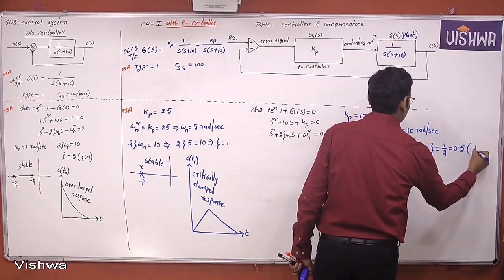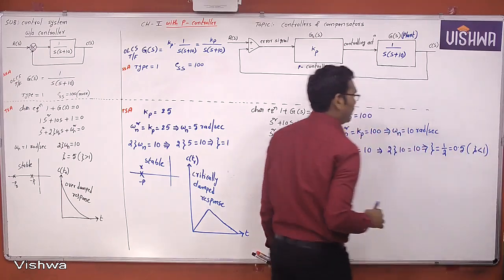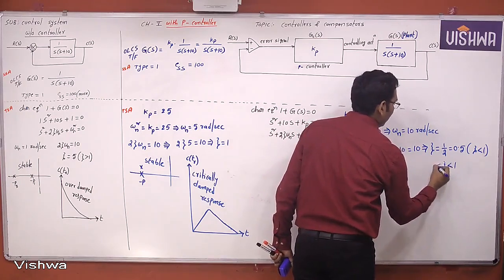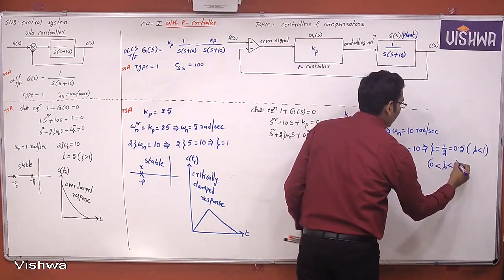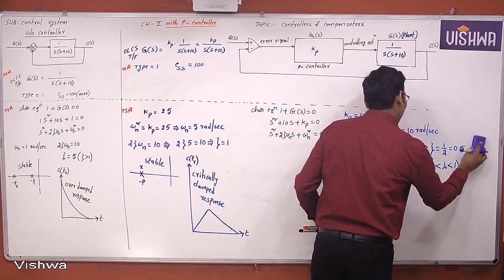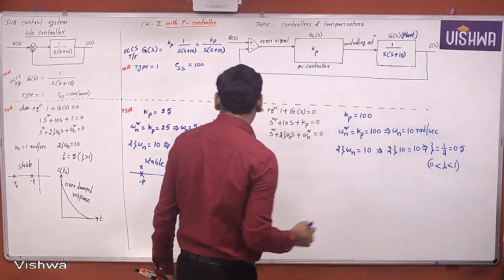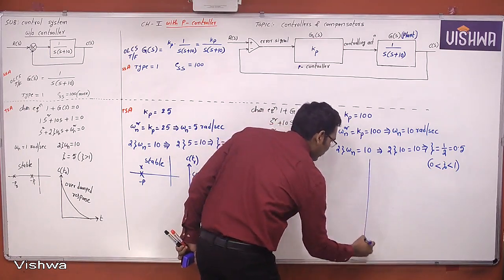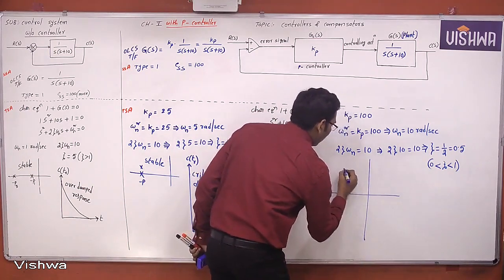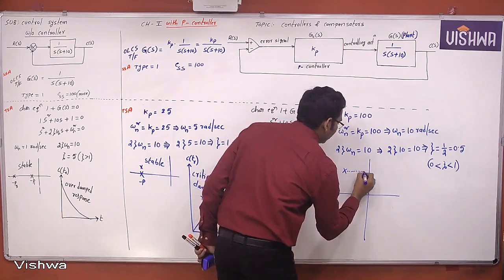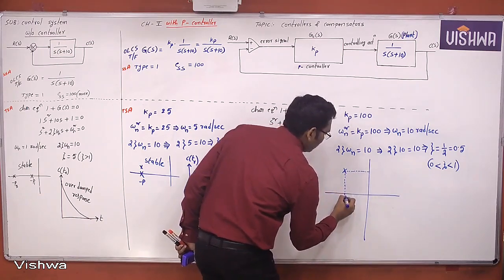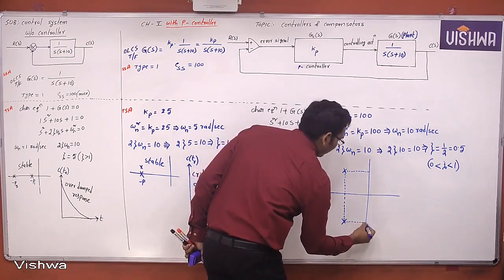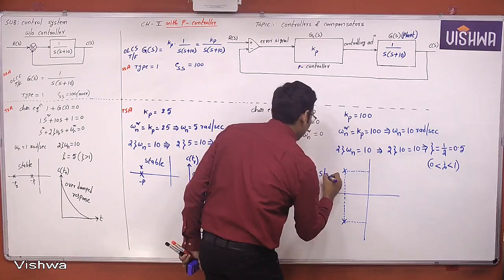Now, when zeta is 0.5, which means zeta is less than 1 and greater than 0, these are the poles location. The poles are complex conjugate and on the left hand side of the s-plane. The system is stable.